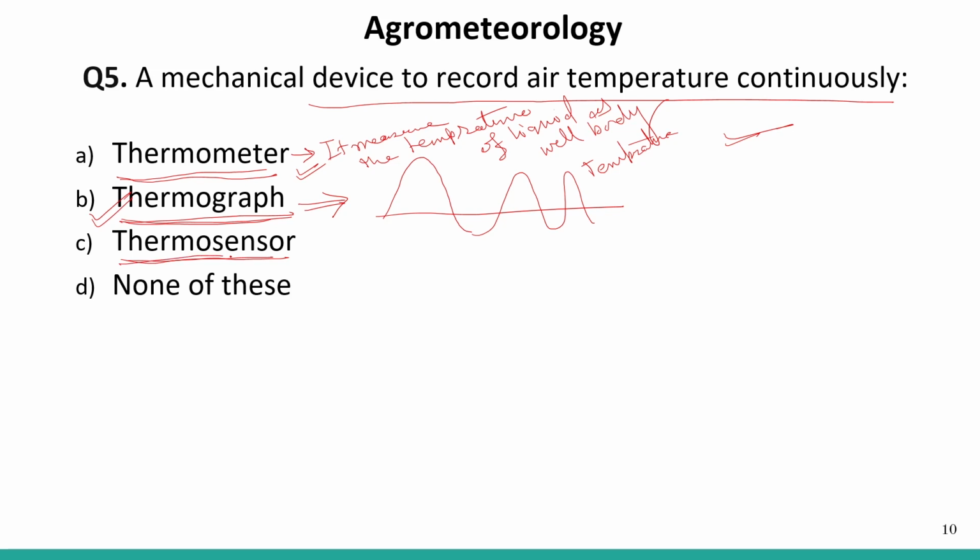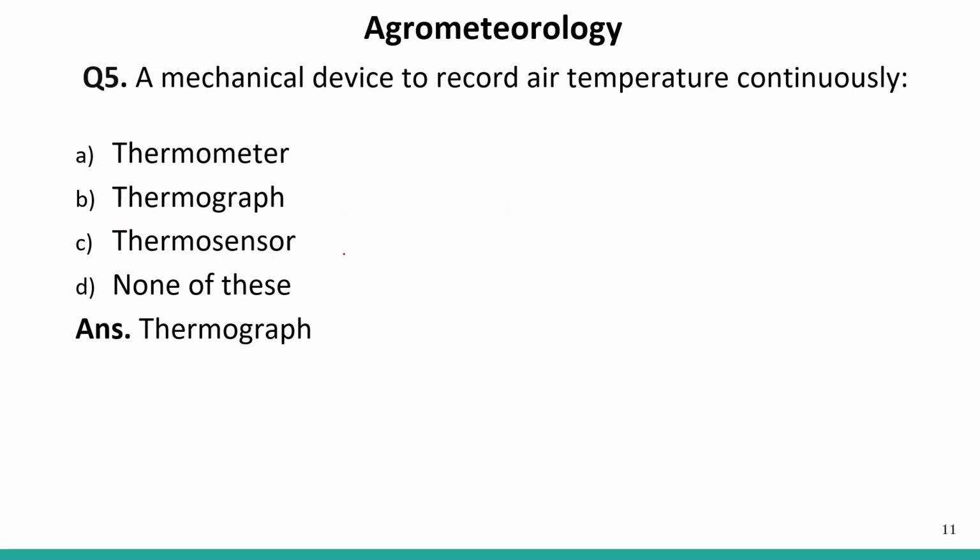Now there is a thermosensor also, which senses the change in the temperature. So the correct answer is thermograph. The mechanical device to record the air temperature continuously is called a thermograph.